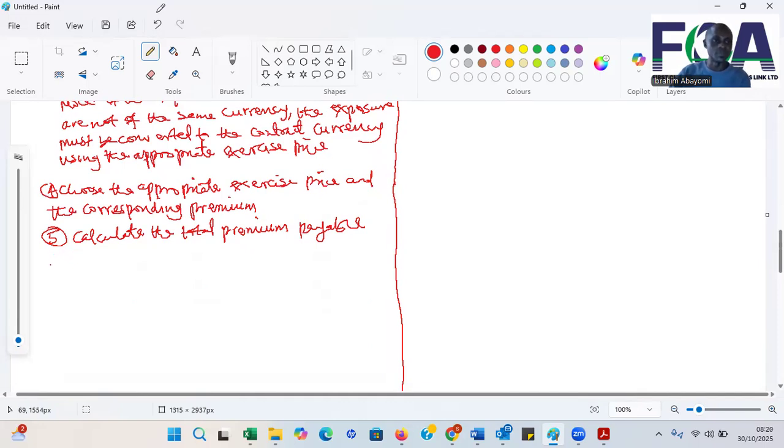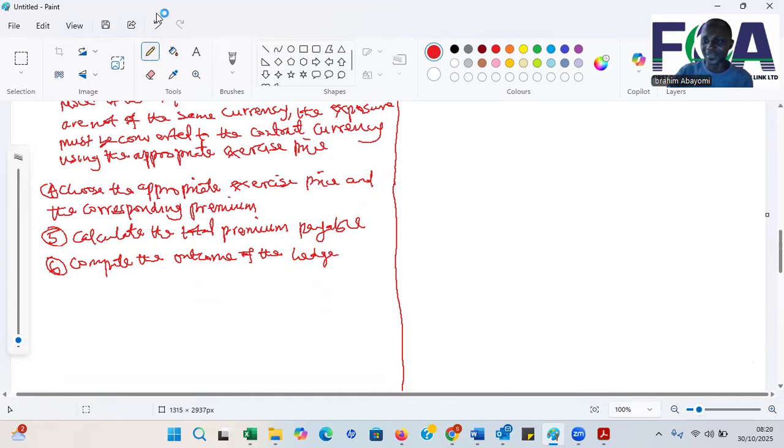Then 6, compute the outcome of the hedge.